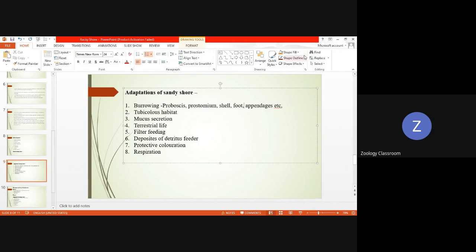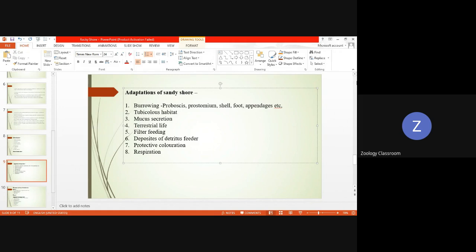This mucus helps in keeping moisture around their body. The mucus also helps in forming a cover of sand grains over the body for protection against wave action.